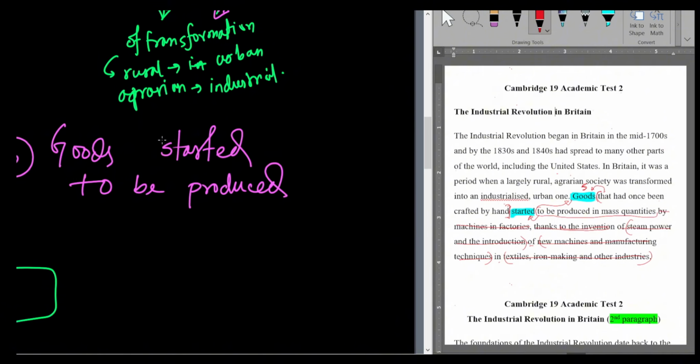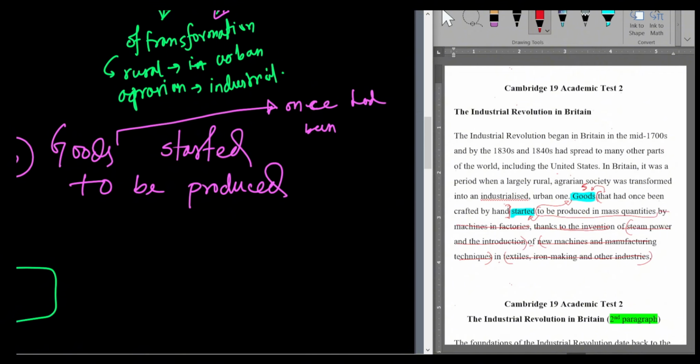So the goods, what are these? These had once been crafted by hand. These goods, this clause defines the goods: once these had been crafted by hand.